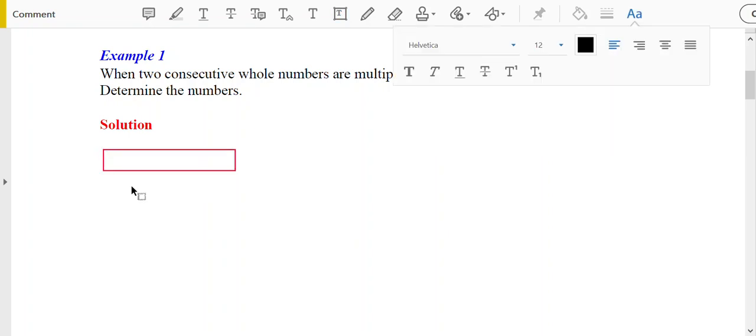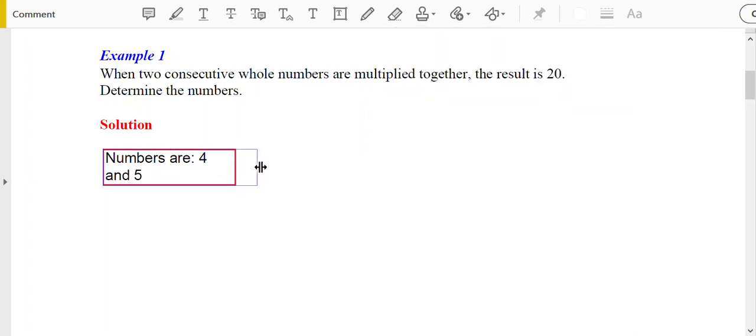Consecutive numbers mean one after the other. So you might think, I know two numbers that multiply to give me 20 and they're consecutive, 4 and 5. Those numbers meet the condition: they're consecutive numbers and they multiply to give 20.